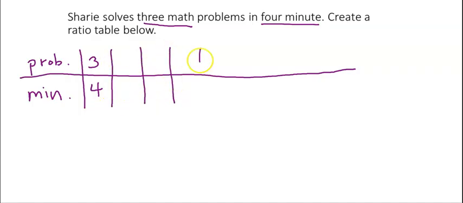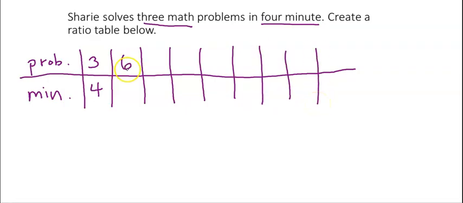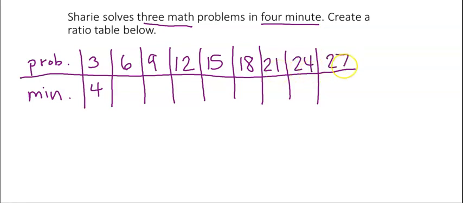So as I'm creating this ratio table, my problems are going to go up by 3 on the top. And on the bottom, we're going to go up by 4s.